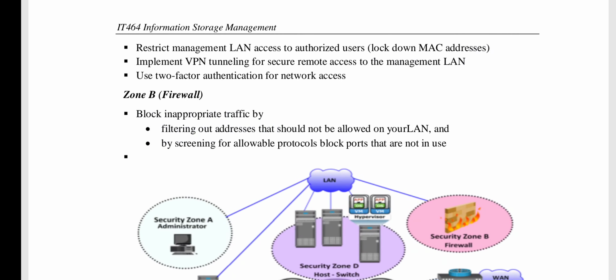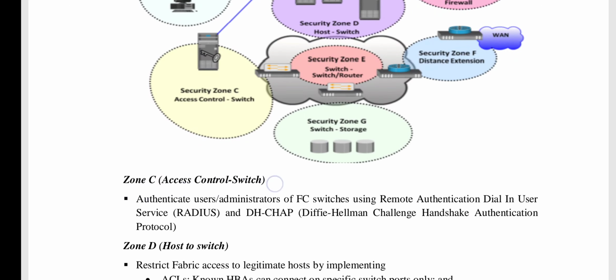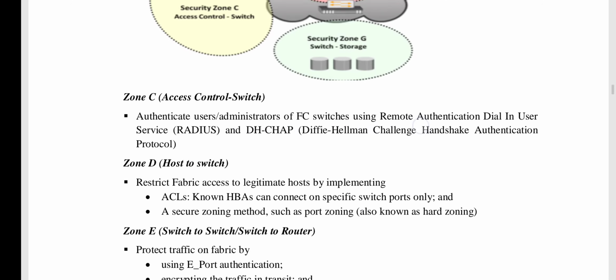It blocks inappropriate traffic by filtering out addresses that should not be allowed on your LAN and other screening. Then Zone C, access control, is to authenticate users or administrators of FC switches using various algorithms, RADIUS and CHAP. Then Zone D is to restrict fabric access to legitimate hosts by implementing ACLs, etc.